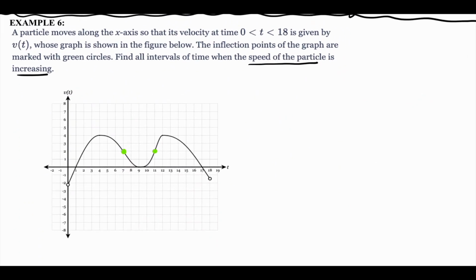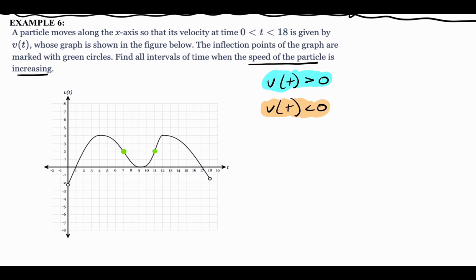So let's figure out signs for velocity. When is velocity positive? When is it negative? I don't want to use green. Let me use blue. So blue is when it's positive. Orange is when it's negative.